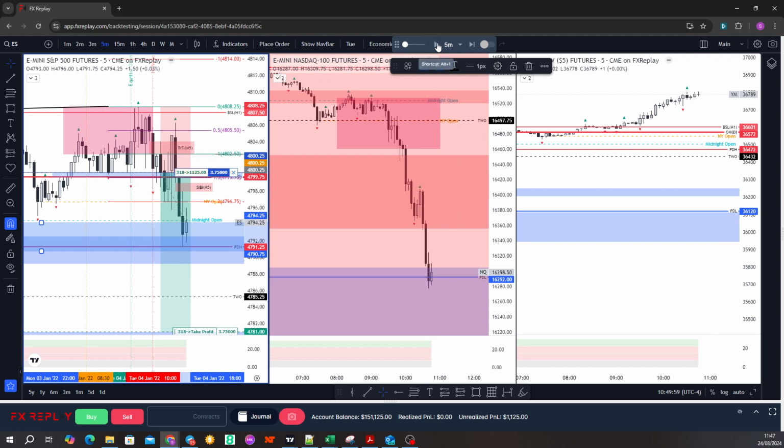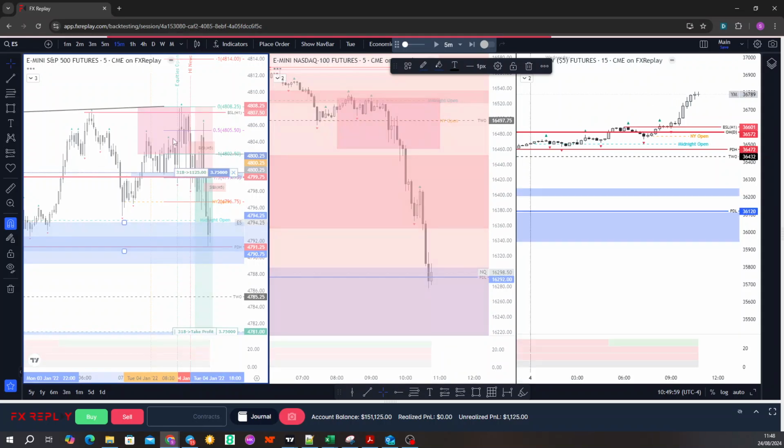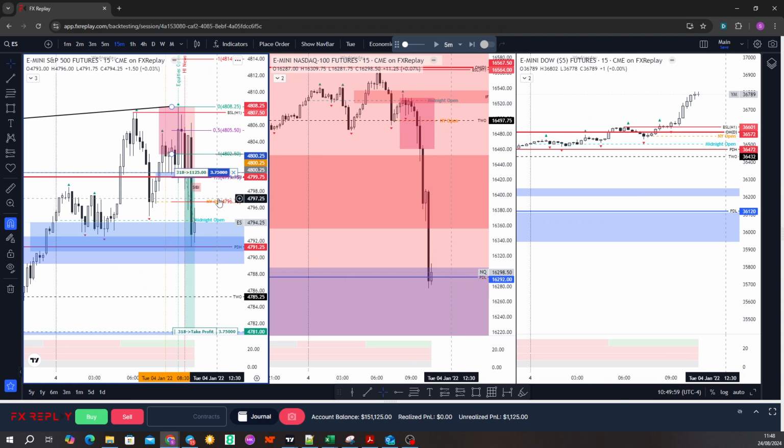So we're currently running 1100 in profits, stops at break even, which is good. What I want to actually do, and I'm going to have a look at this on the 15, because it's probably easier.